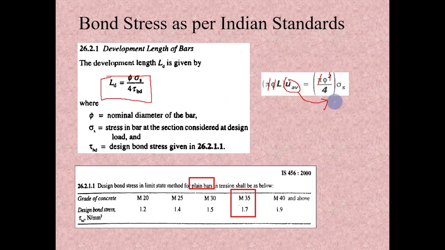Here for the average bond stress they use the notation tau BD. So it is the diameter of the bar into yield stress or actual stress divided by 4 times the bond stress. So we get the same equation. It's just rearranging the equilibrium equation.